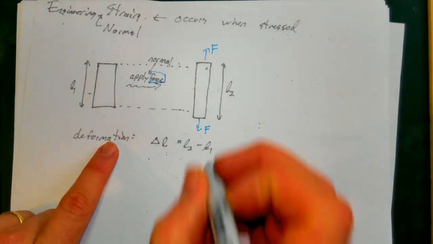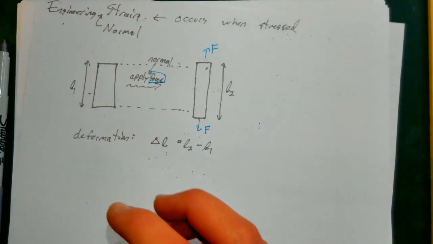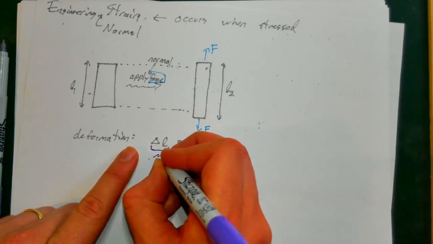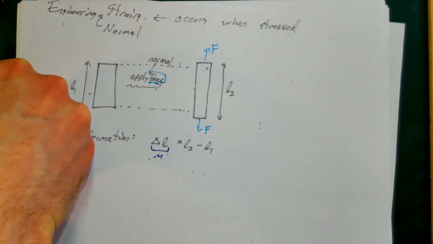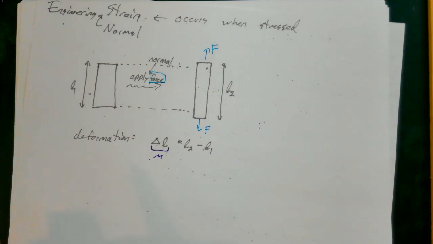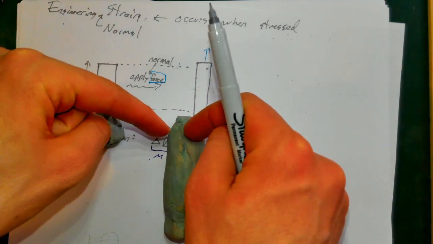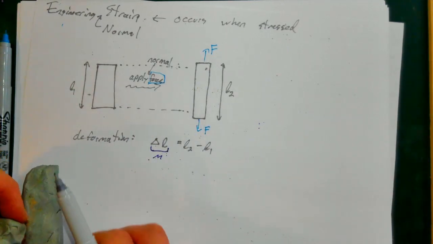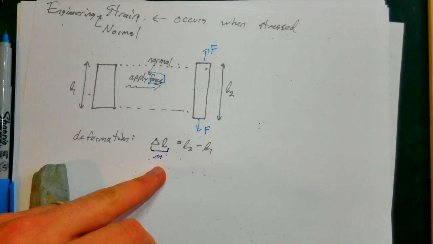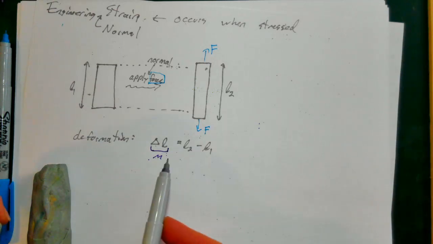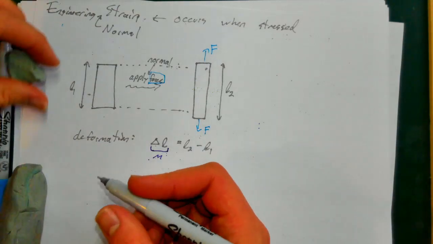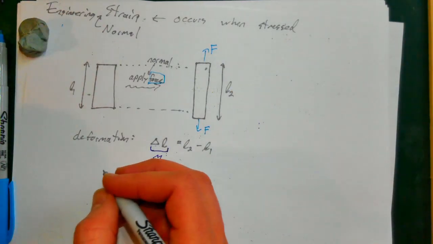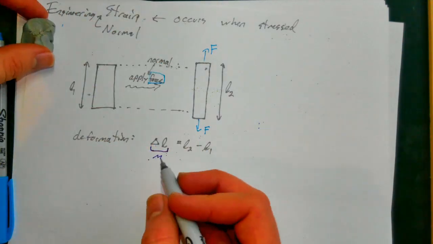So deformation is an absolute change in length, where delta L would have units of meters. But oftentimes, if we zoom into the scale of the material, the material doesn't care how many meters longer it is now than it was before. The material experiences a relative, or proportional, change in length.